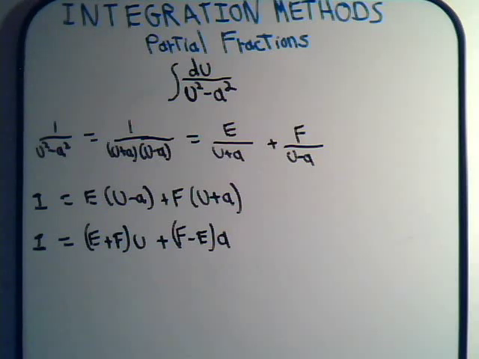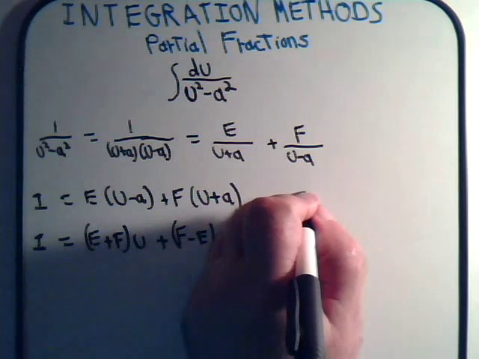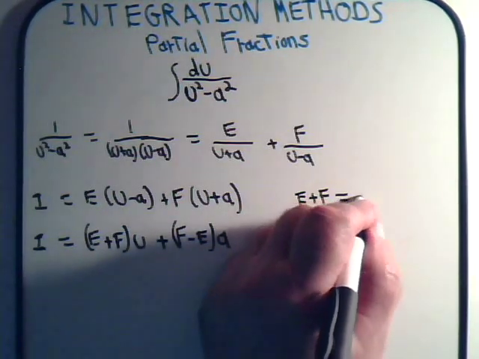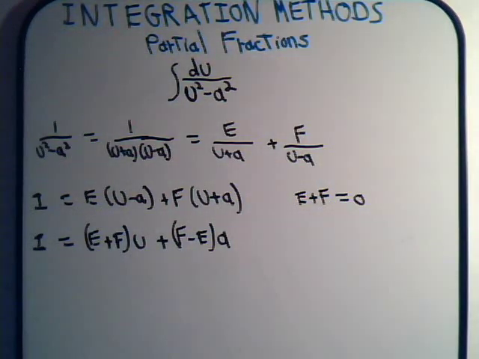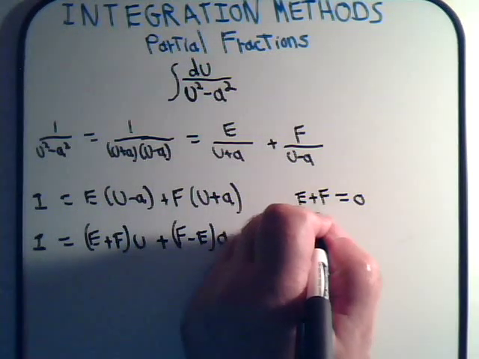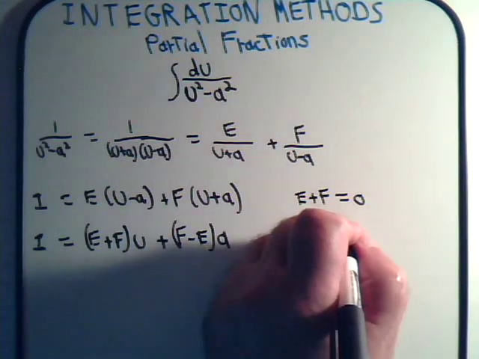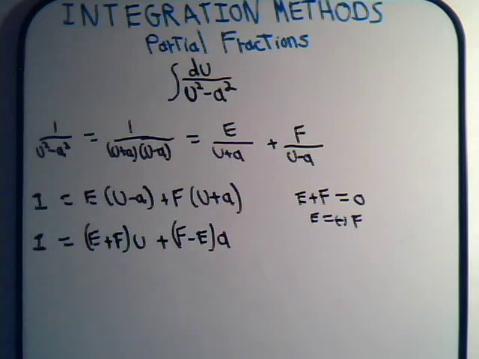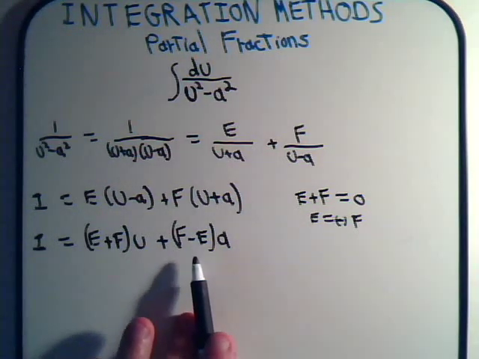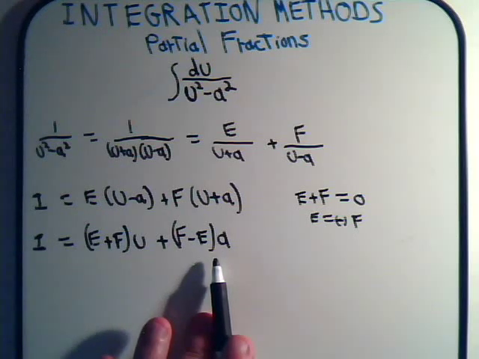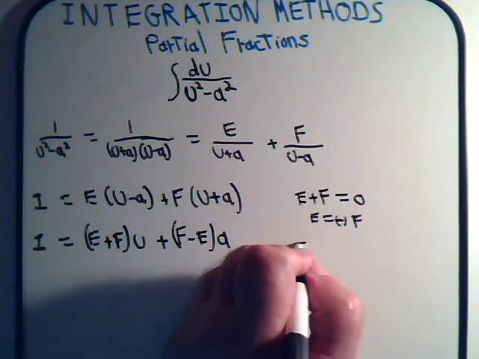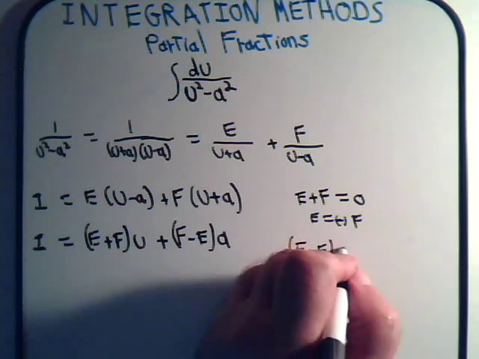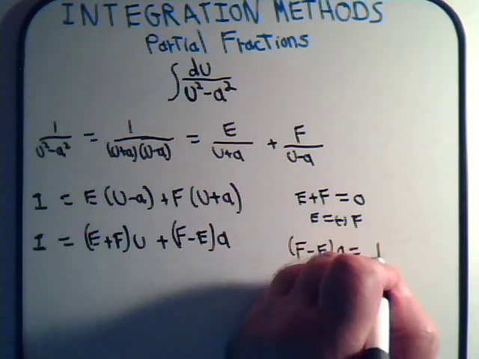So let's write this down. E plus f has to be 0, so we can say e equals minus f. And from here we have f minus e times a equals 1. It has to equal 1.